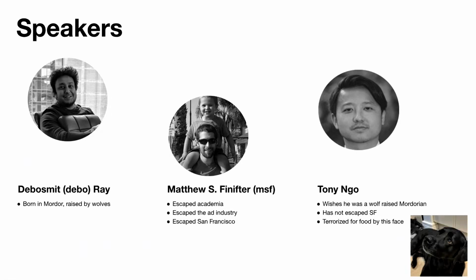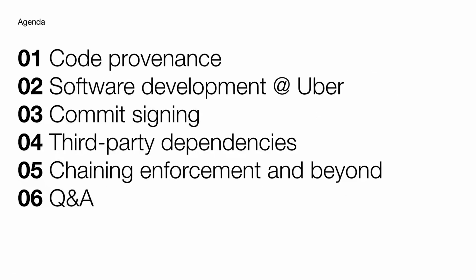Oh yeah, for sure. Can you guys hear me? Cool. All right, so we're here to talk to you guys about code provenance, right? And before we jump in, we're gonna take a look at the agenda. So we'll first start by defining what code provenance is and what we aim to solve. And then we'll dive into a bit on the software development process at Uber, mainly to give you a base for some of the work that we put in place in that process.